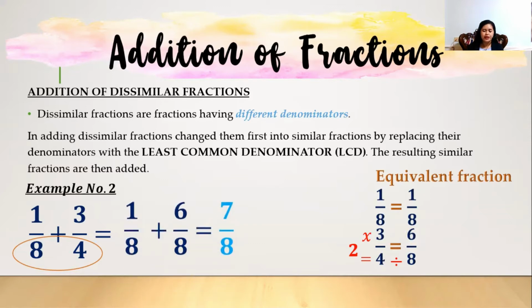So now we have similar fractions: 1/8 plus 6/8. Then they are similar, you can now perform the operation, which is addition. You add 1 plus 6, that is equal to 7, and then you copy the common denominator of both fractions.